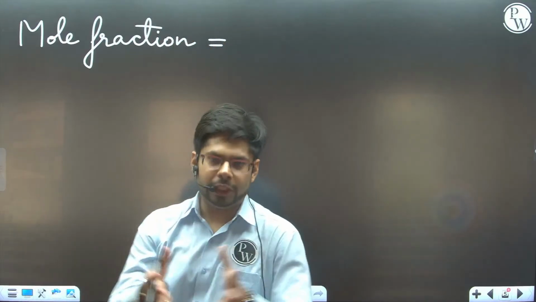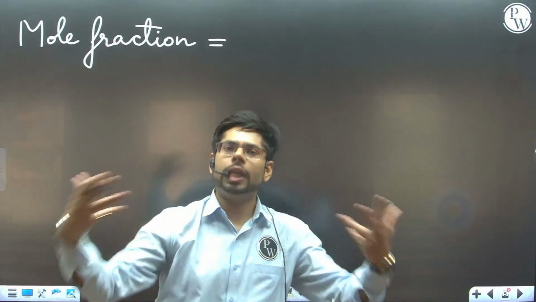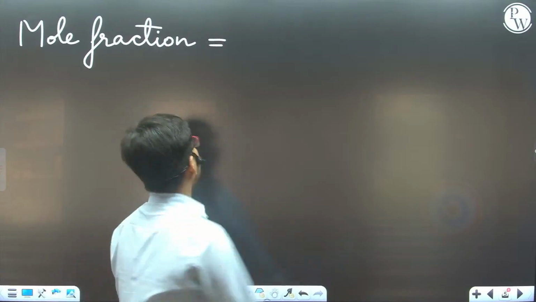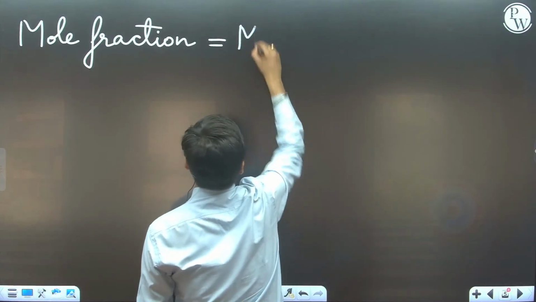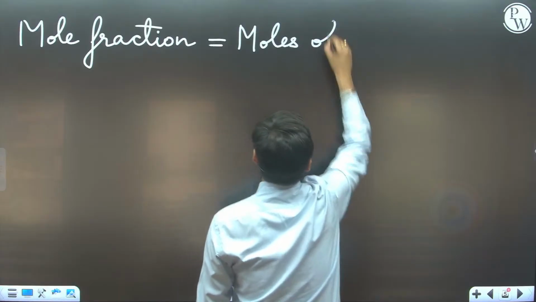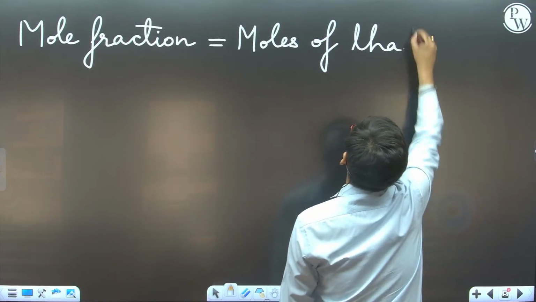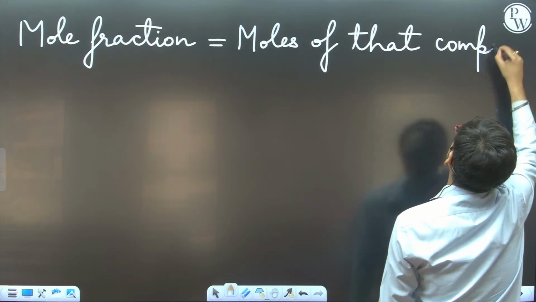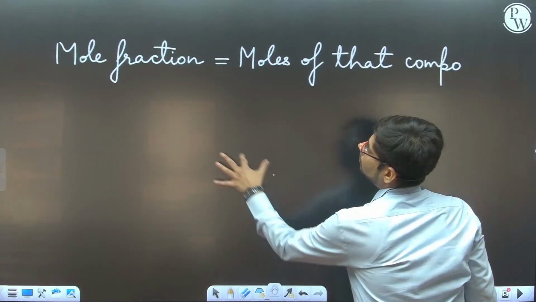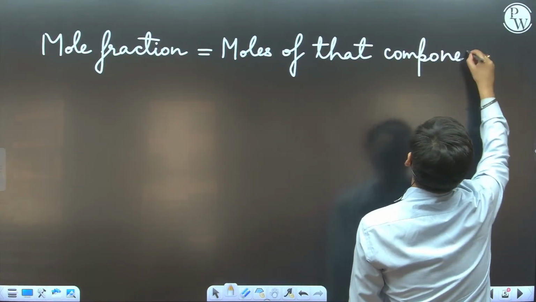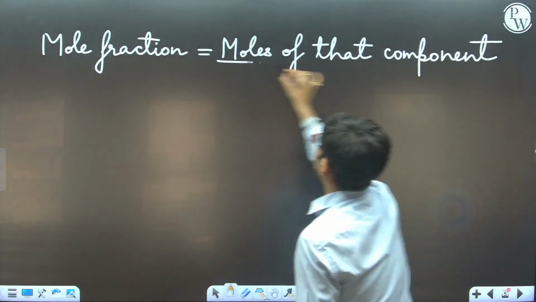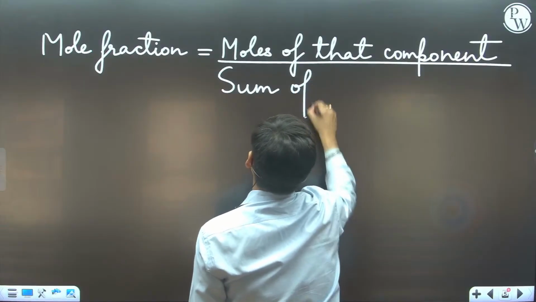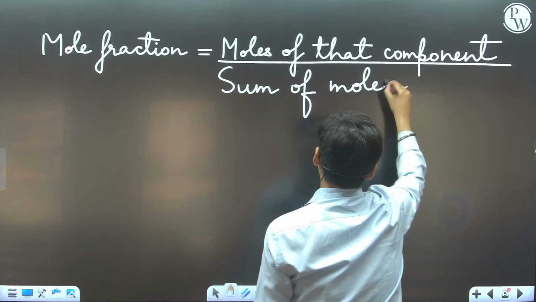See, if I have a mixture, let's say I have two or more than two components, and I'm interested in finding out the mole fraction of a particular component, then I should write like this: number of moles of that component upon sum of moles of all components.